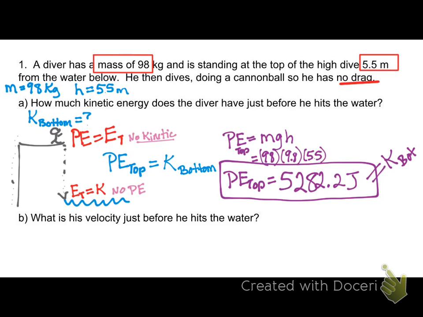Okay, so looking for the velocity just before he hits the water. So you're looking for the final velocity. We know that the kinetic energy at the bottom is equal to 5,282.2 joules, correct?